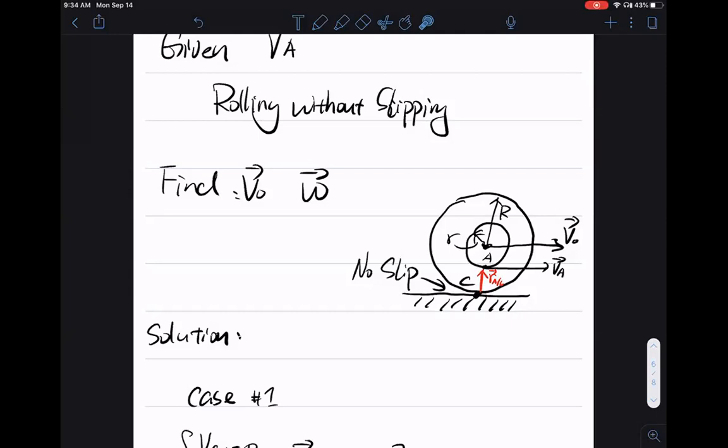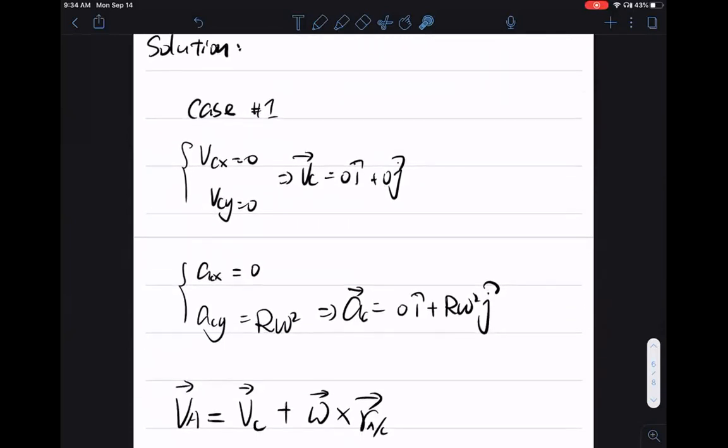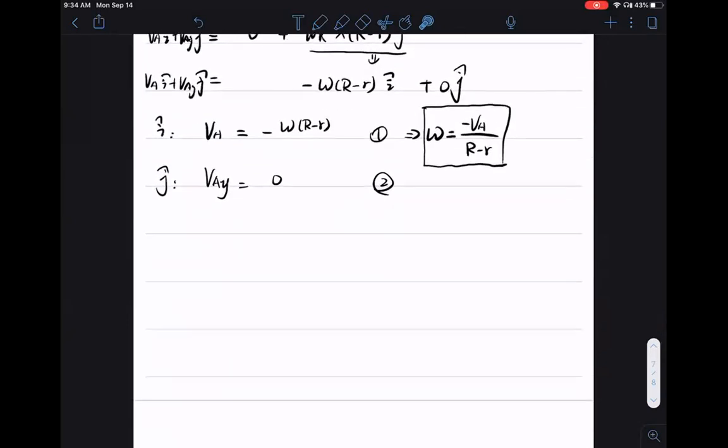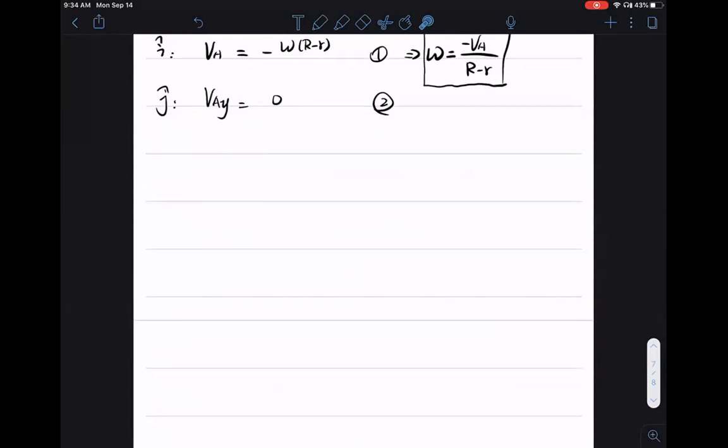We are looking for the velocity at point O. We know a bunch of information about point C or point A. So you can either pick A or C to find the velocity at point O. Okay, let's use point O and point C. The velocity of point O, applying the velocity equation, is going to equal VC plus omega cross product RO/C.